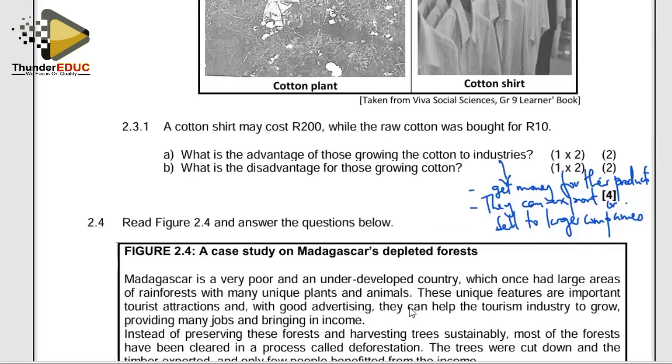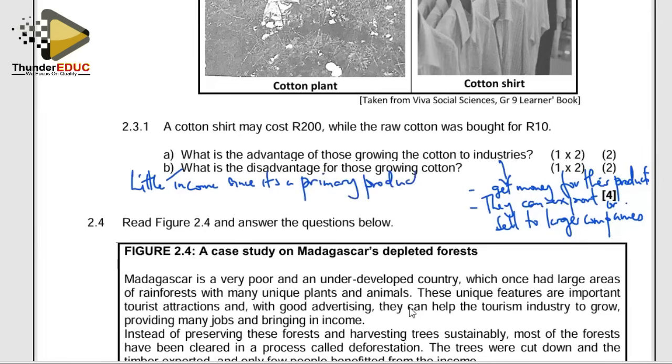Then what are the disadvantages? Now, on the other side, there is little money, little income, since it's a primary product. You can see from there.